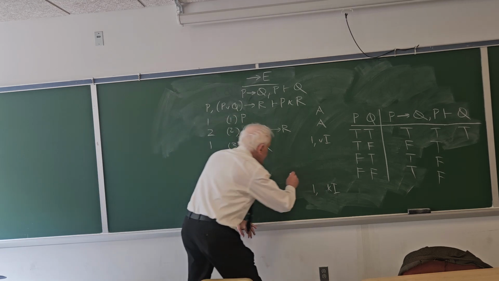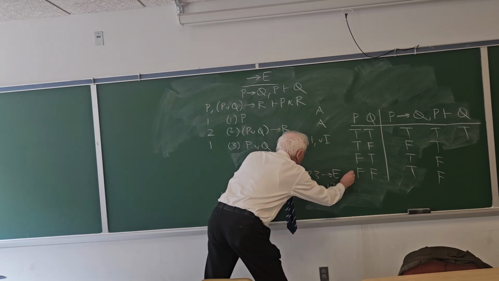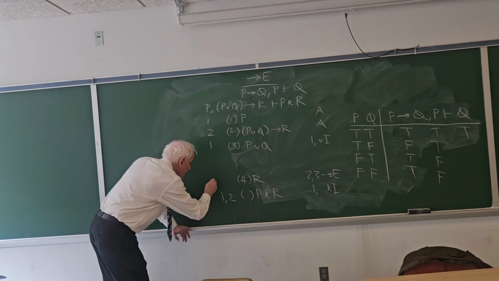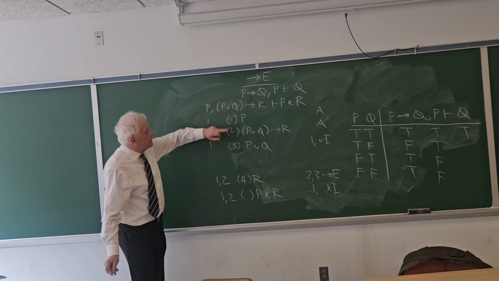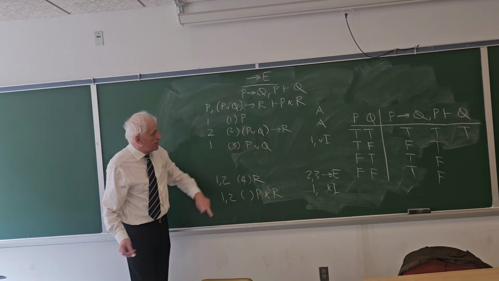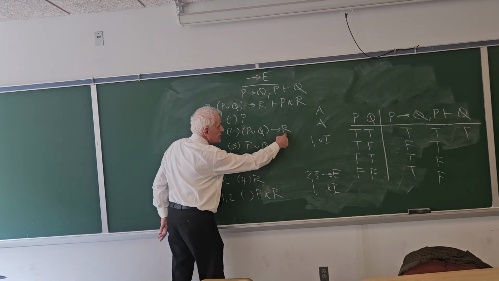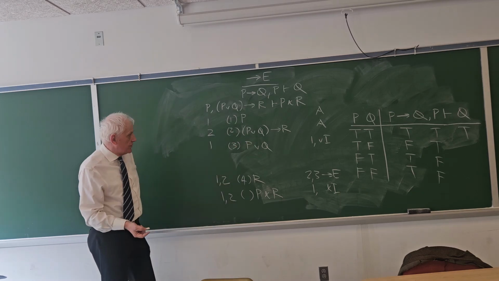So we can here write 2, 3, arrow elimination. Here is a conditional, here is its antecedent. What I prove is its consequent, right? This is the same sentence as the antecedent.